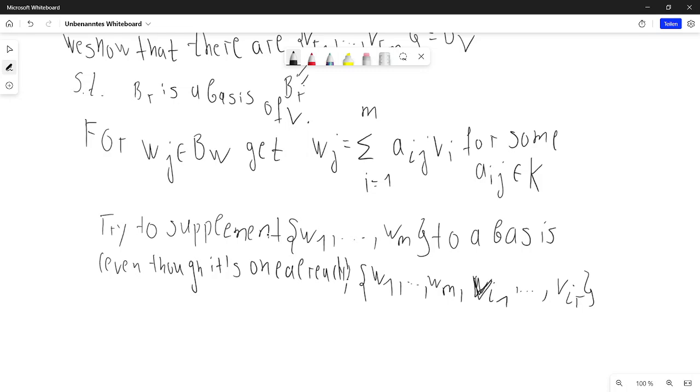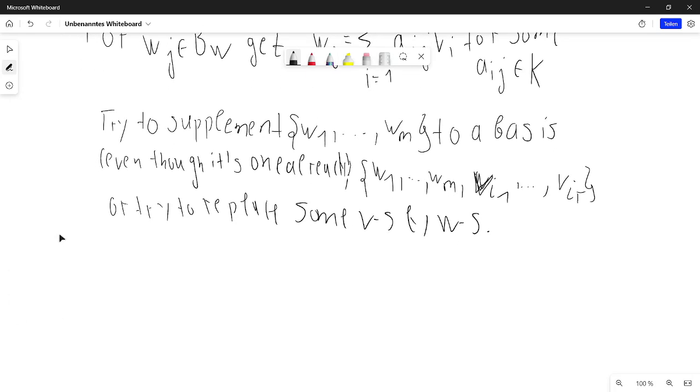Okay, let's try to supplement it and try to replace some base by W. Alright, and that this span will remain the same if we add some v is clear. The question is, why will it still be linearly independent?